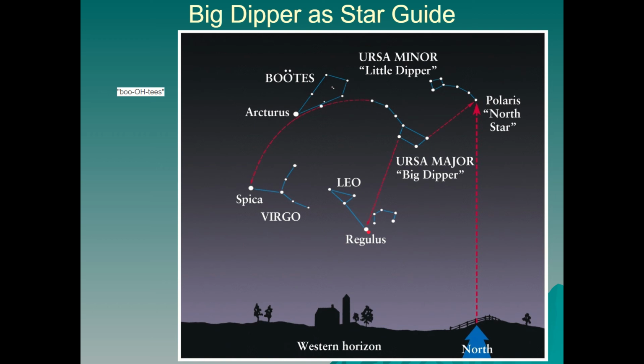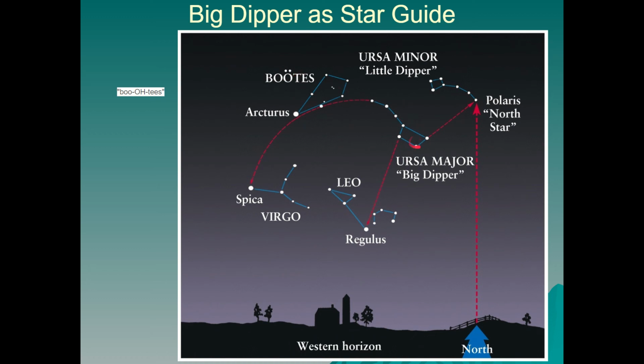So now we have another star in another constellation. We have Leo, Virgo, Boötes, Ursa Major, and Ursa Minor, and Polaris, Arcturus, Spica, and Regulus. Spica is 5 letters, Virgo is 5 letters. Arcturus, arc, like a butt, and another name for butt is a booty, which is what this weird word looks like.